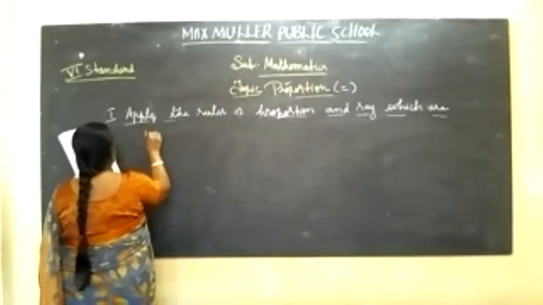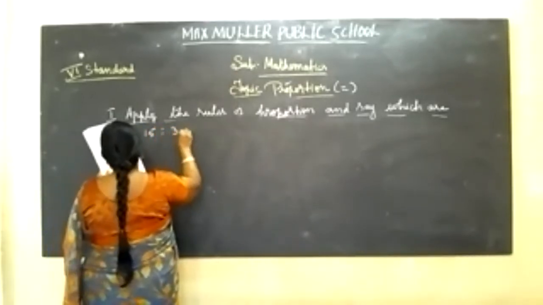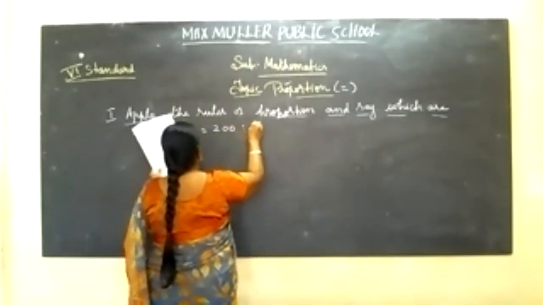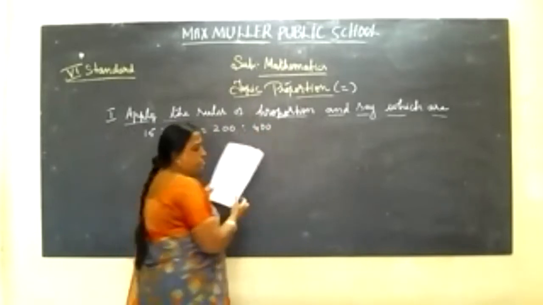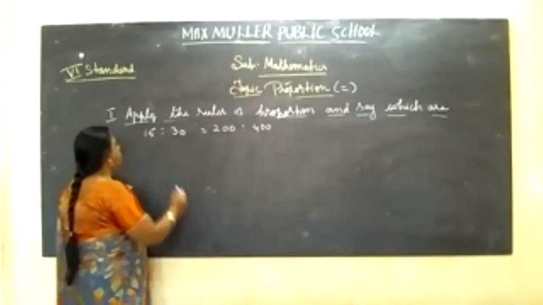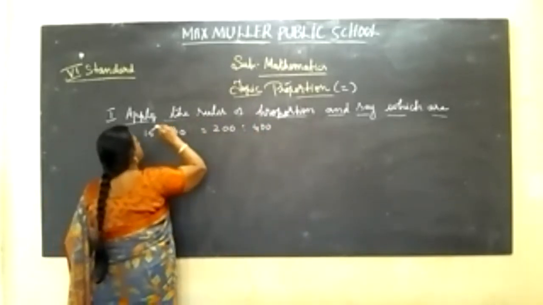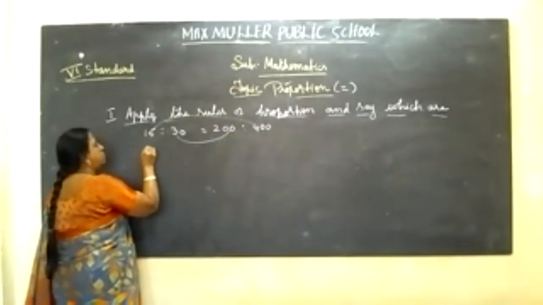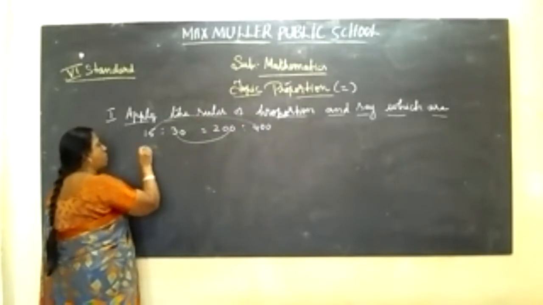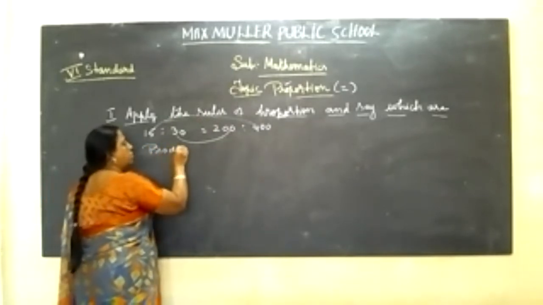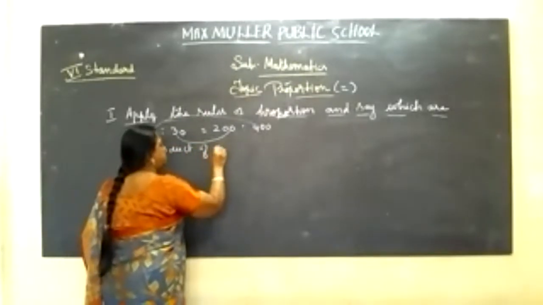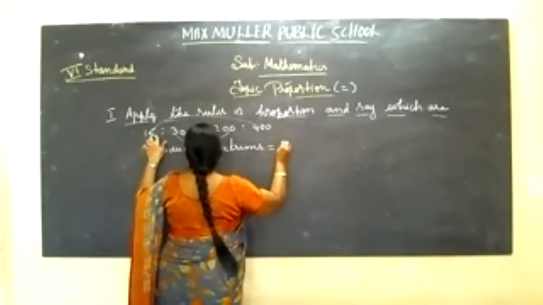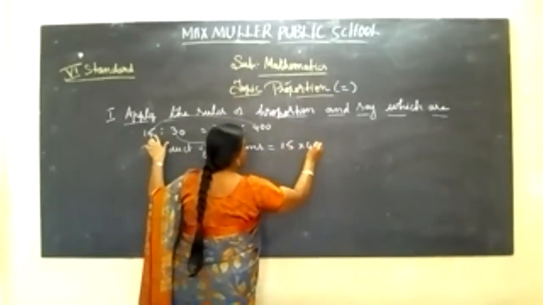15 is to 30 equal to 200 is to 400. So this is the question. Same thing. First term and last term are extremes, then means. So here the product of extremes equals 15 into 400.